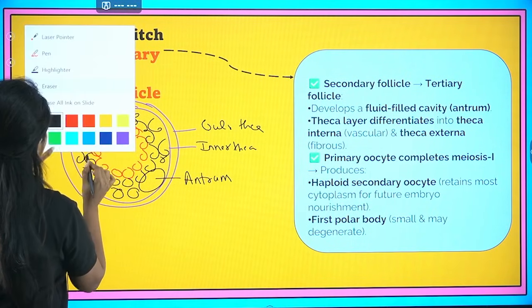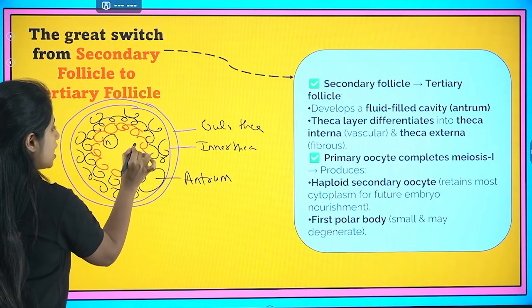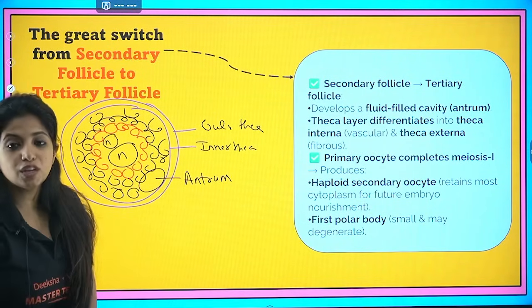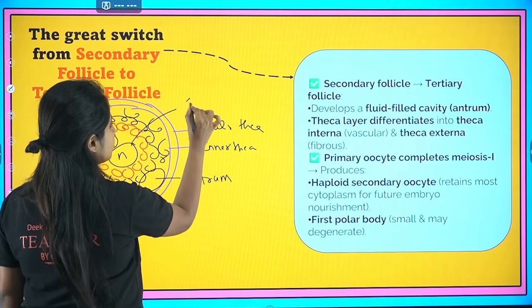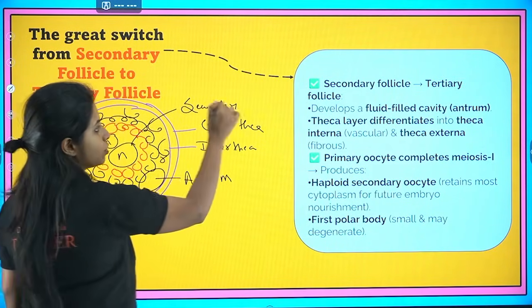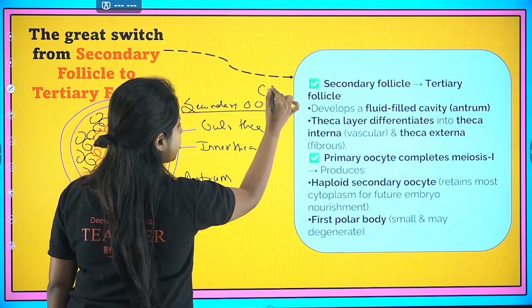You get a first polar body, which is haploid in nature, and also the secondary oocyte. So the first meiotic division happens in the tertiary follicle only. This is now the secondary oocyte, which is haploid in nature.